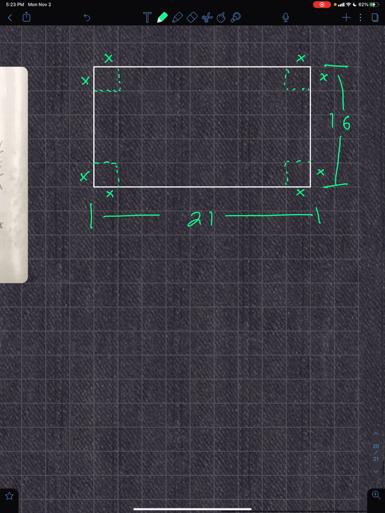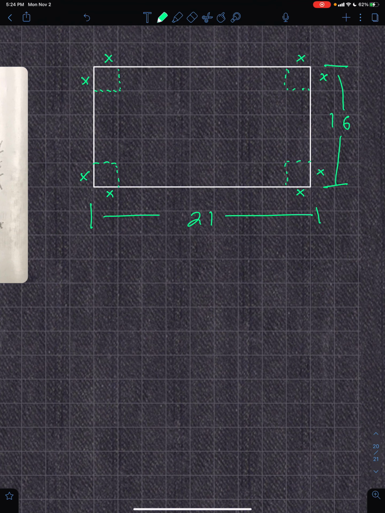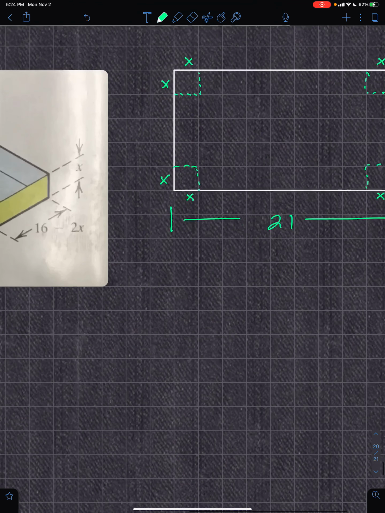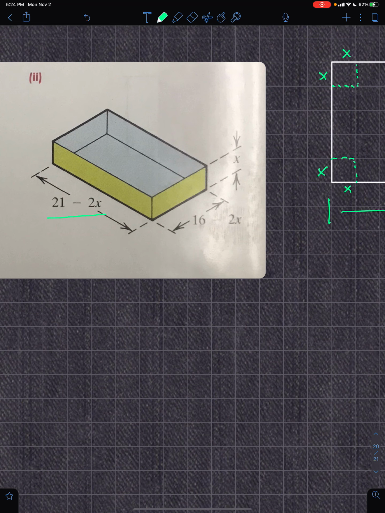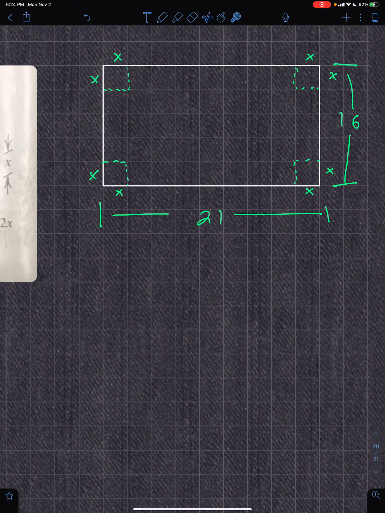Okay, so we don't know what that is. That means the resulting side, once you bend it up, and let's just look at this one now, is going to be 21 minus 2x. You have, of course, two of them, right? So you have 1, 2. So this distance right here is 21 minus 2x. That's what you have to know.